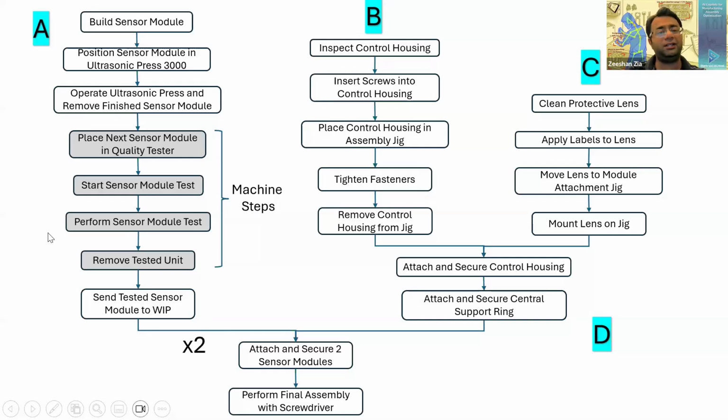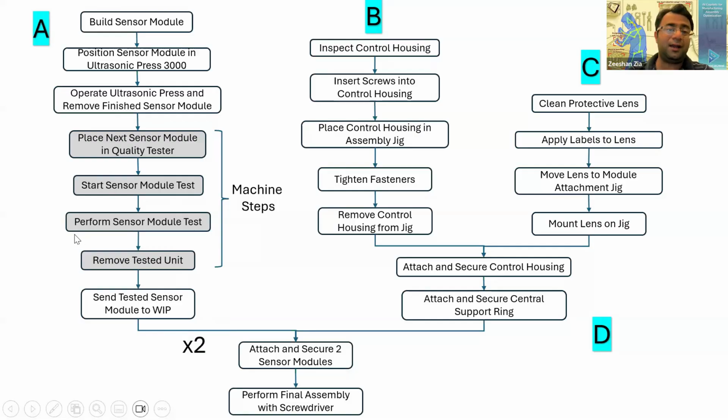The third complication here is that as you'll see over here, there are a bunch of machine steps. Specifically, the operator places a sensor module in a piece of testing equipment. Then he or she starts the testing equipment.